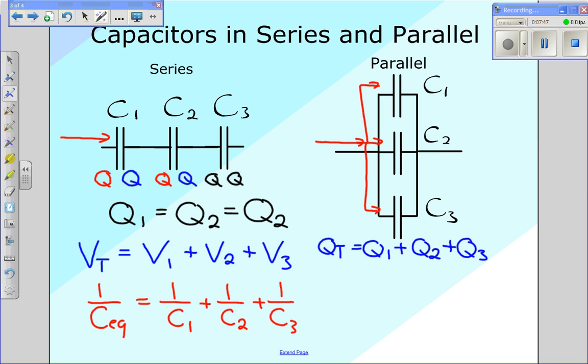Now, just like we saw in parallel for resistors, we know that voltage in parallel is always equal. So we know that the voltage for each one of these capacitors, V1, is equal to the voltage across V2, is equal to the voltage across V3.